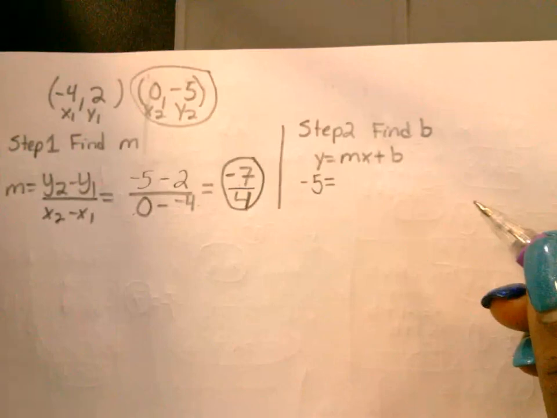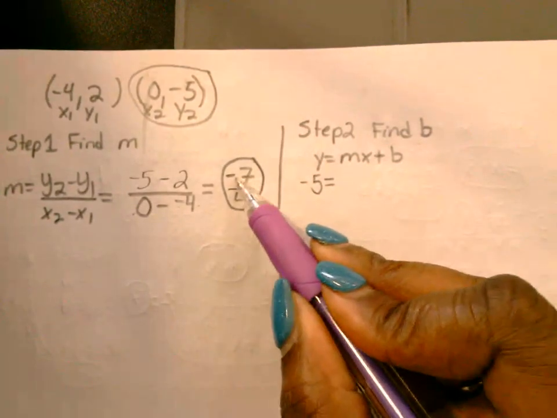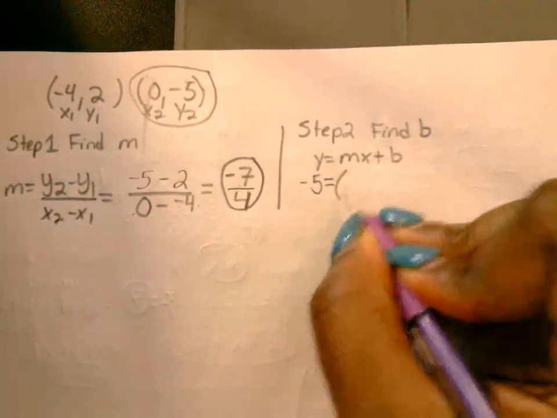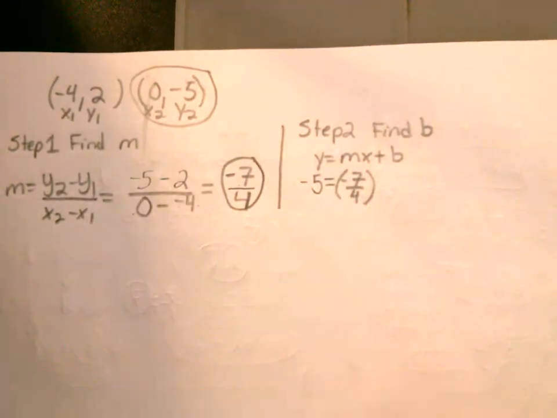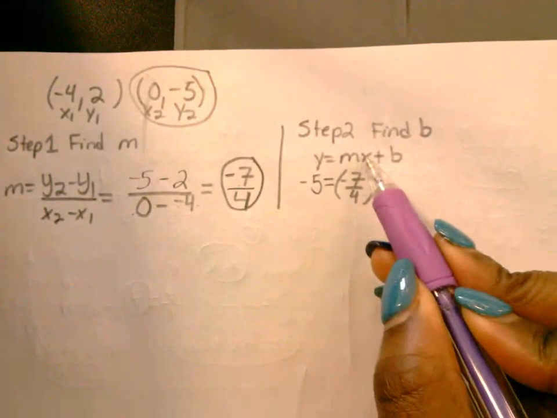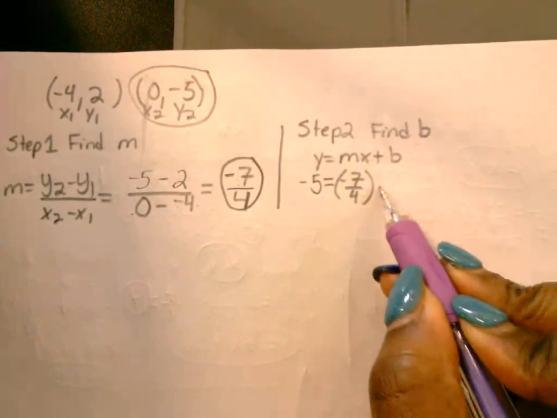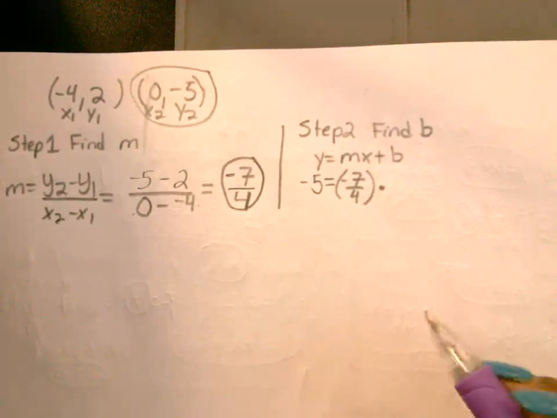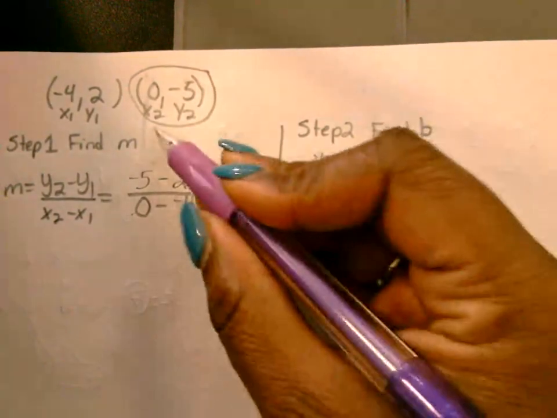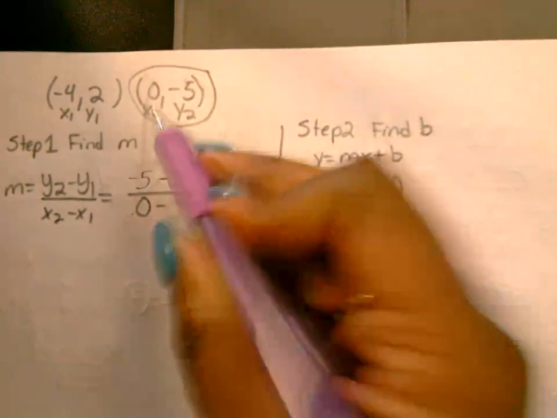Slope is right here, -7 over 4. This is x. Okay, so that's times. Which one of these numbers is going to be x? 0.